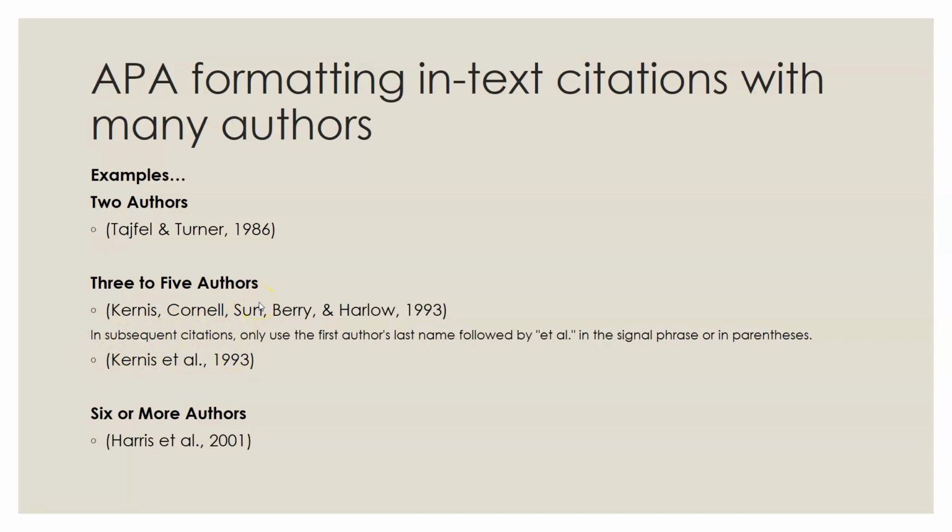to that paper. Similarly, if you have 6 or more authors, you also use et al. after the first author's name. However, this happens from the very first time you cite this paper.